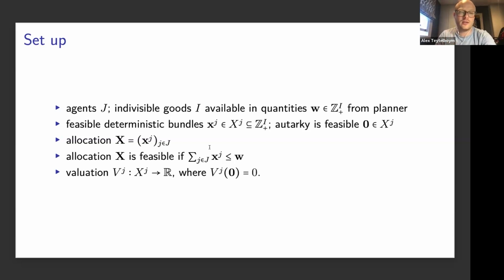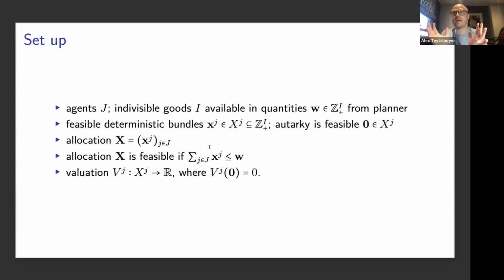The only difference is that I'm now going to have to define an economy. This is going to be my primitives. I'm going to think about V, the valuation, as this key primitive object. And I want to think about how an agent would behave in a transferable utility economy with that valuation versus in the pseudo market with that valuation.